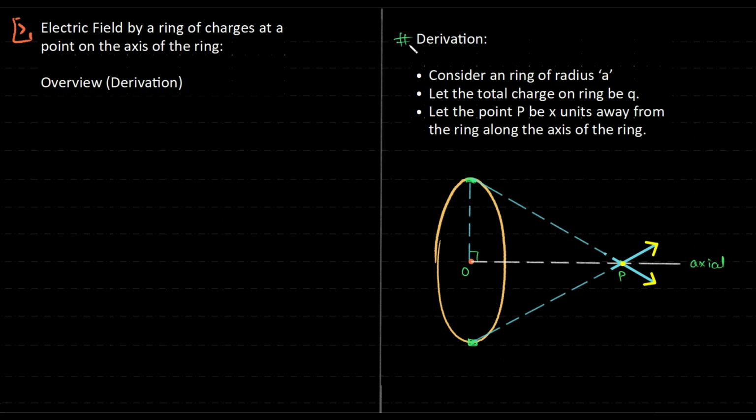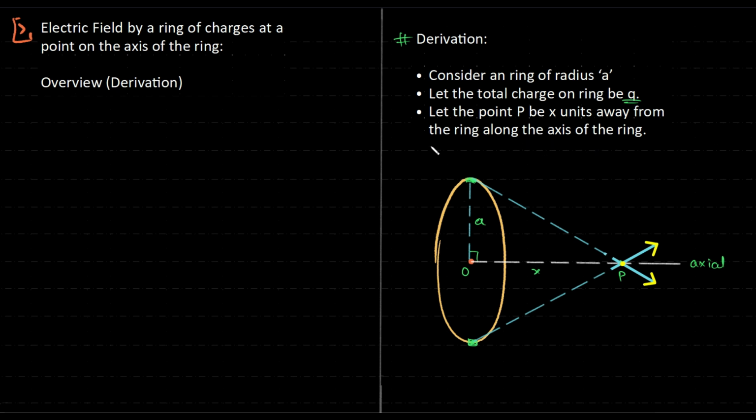So we're starting the derivation with, we're considering a ring of radius a, not R. Let the total charge be fixed, so the entire ring has a charge of Q. Let point P be x units away, so this is x units away from the ring along the axis of the ring.